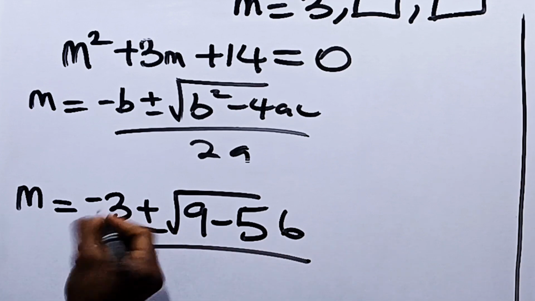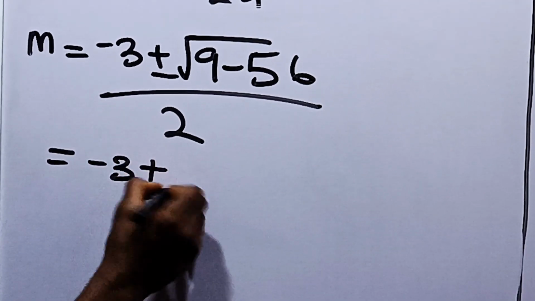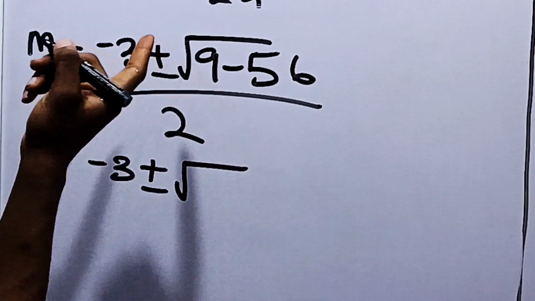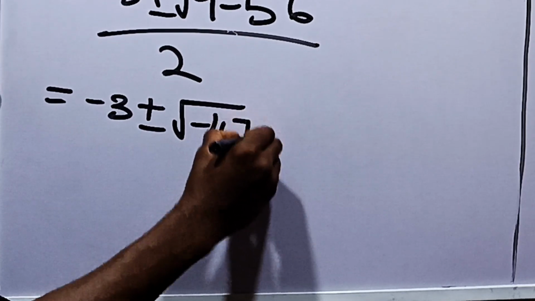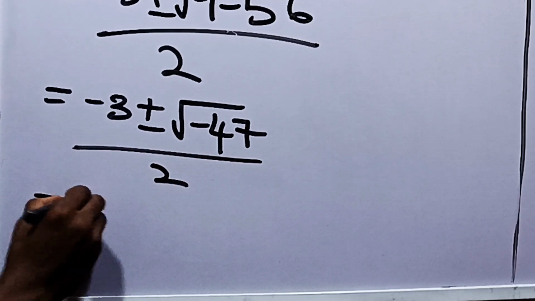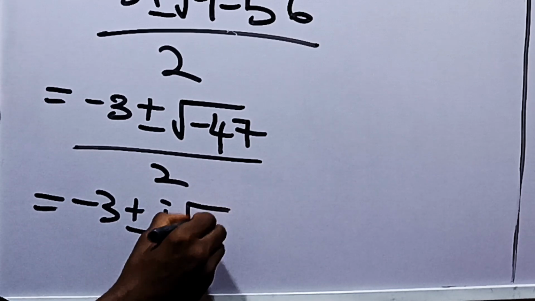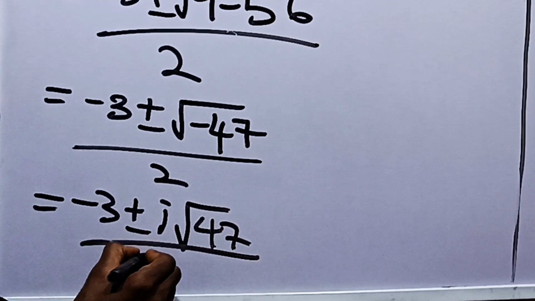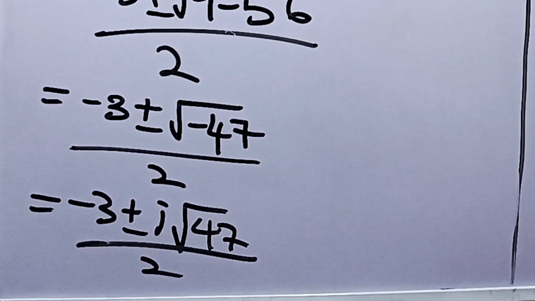Okay, all over 2 times 1, which is 2. We have this to be equal to minus 3 plus or minus square root of 9 minus 56 is negative 47. Okay, all over 2. And this becomes equal to minus 3 plus or minus i root 47 all over 2. Okay, so this becomes the final answer to this question.